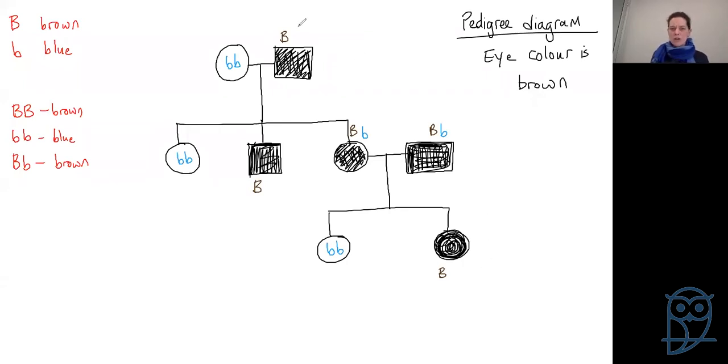But now, what are the options in terms of genotypes? Well, let's fill in some recessives. In order to have a little b child, we would have to have a little b from the mother and a little b from the father. So he must be a heterozygote.